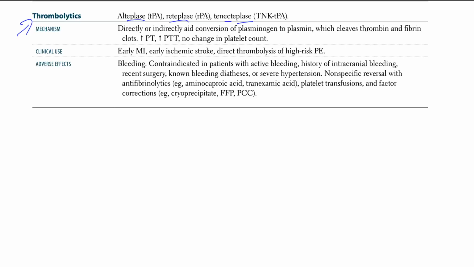Okay, so what's the mechanism of this thing? These are all thrombolytics. They directly or indirectly aid in conversion of plasminogen to plasmin, and plasmin cleaves fibrin, which causes an increase in PT, increase in PTT, no change in platelet count.